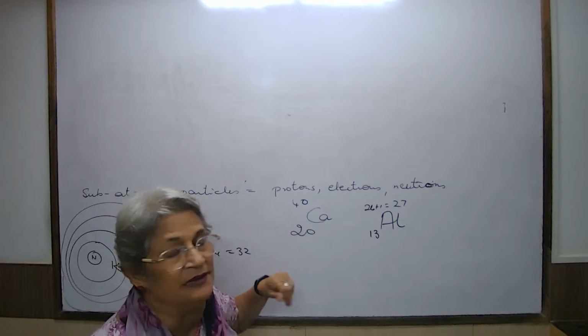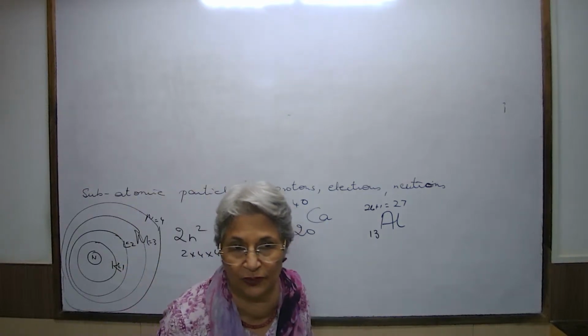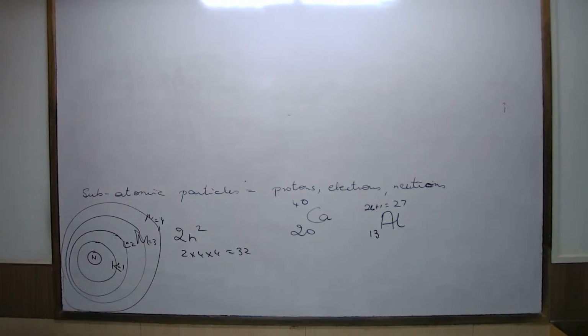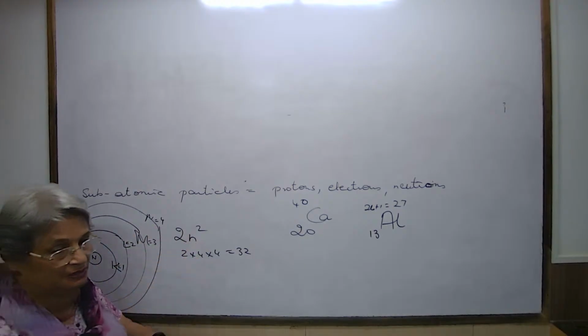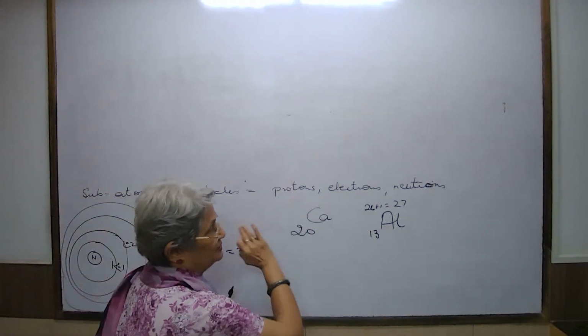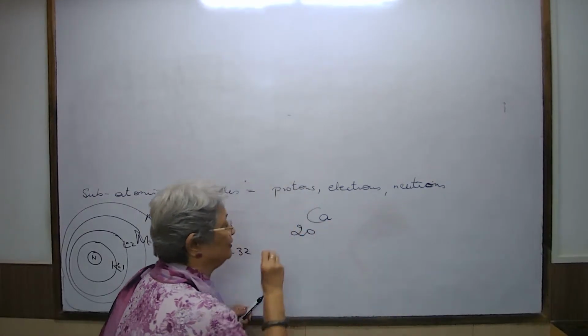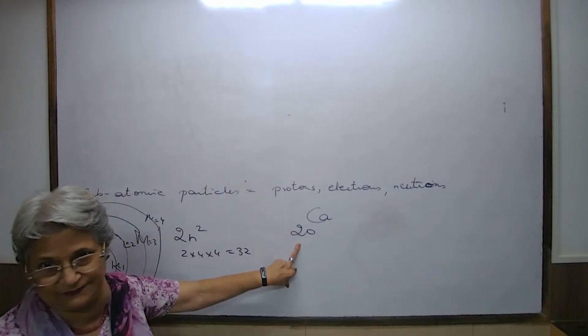If it is even, multiplied by 2. What are we to multiply by 2? Atomic number is to be multiplied by 2 if it is even. And if it is odd, multiply by 2 plus 1. Now we want to arrange your calcium.